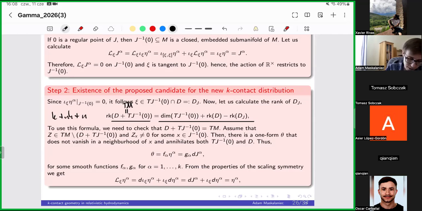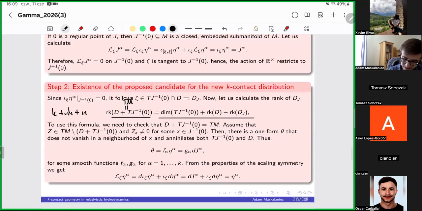Okay, so I proceed by contradiction and I assume that I have a vector z that is not contained in this sum. And then obviously we have a one-form theta that doesn't vanish in a neighborhood of x and annihilates both this tangent space to the level set and our k-contact distribution. Thus, theta is simultaneously expressed by eta's and by dj alphas with some coefficients that are smooth functions.